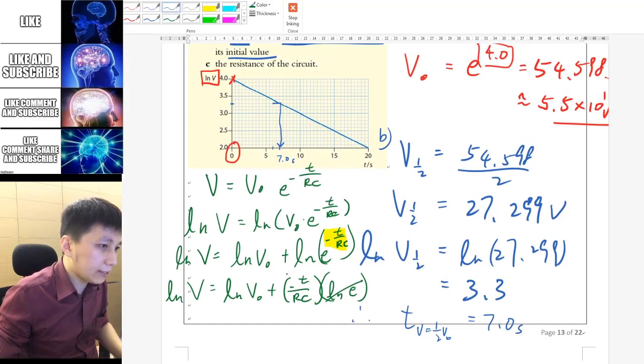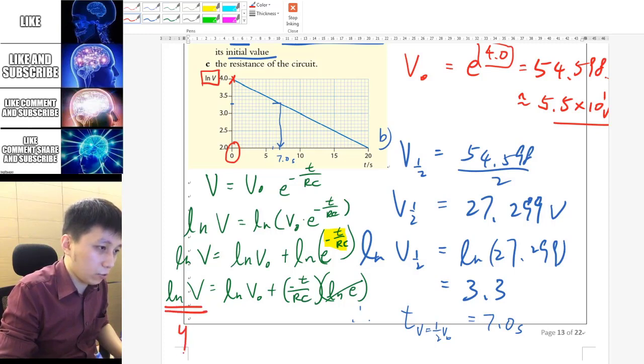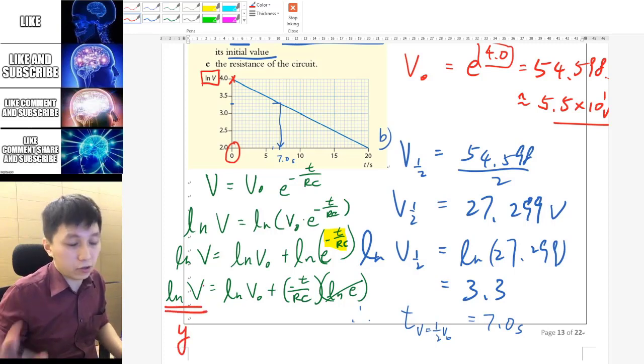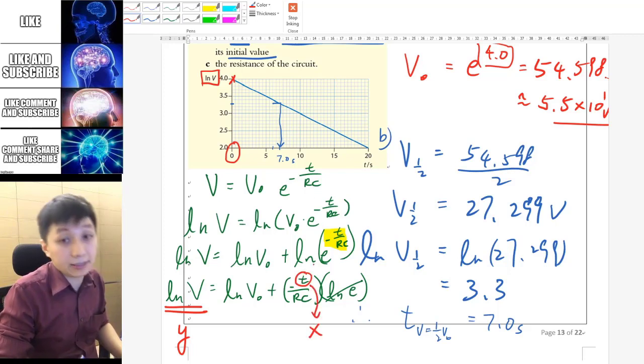So if you try to see this, then one interesting thing is you will find out natural log V is going to be the y-axis of this graph, and then the t, this one, is going to be the x-axis of this graph.